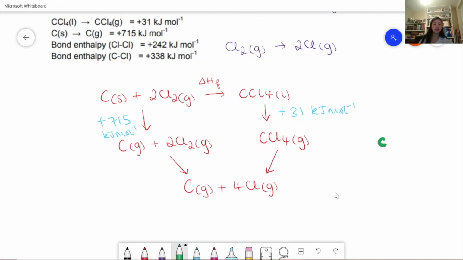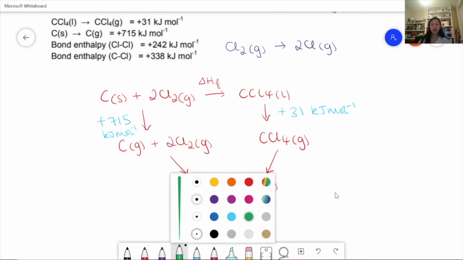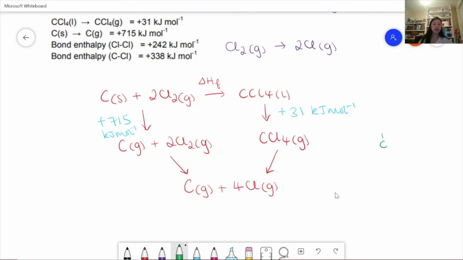So you've got CCl4. So you've got C with 4 chlorines attached. So that means that we're breaking 4 C-Cl bonds here, plus 338. So that would be 4 times 338, which equals plus 1352 kilojoules per mole.